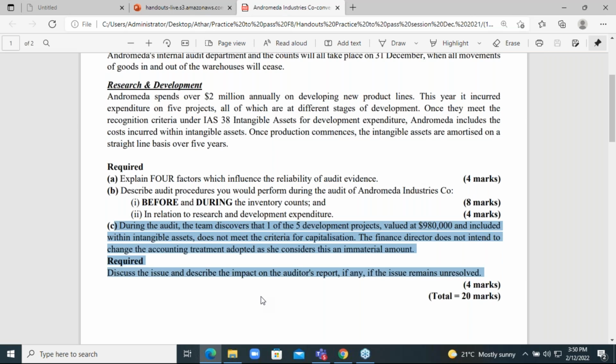So to avoid such an awkward position, you must go through that chapter thoroughly, as it has many important areas. Now, as far as this question is concerned, it carries 4 marks, and you are going to discuss what would be the impact on our audit report if one of the projects has not been included.